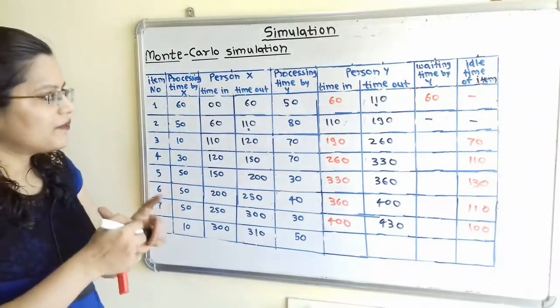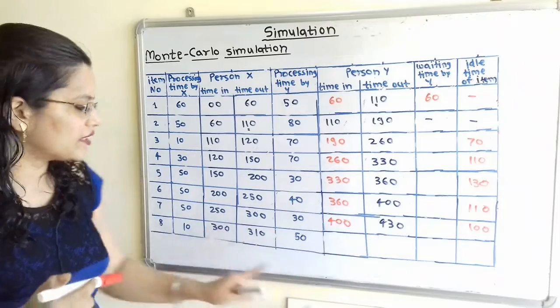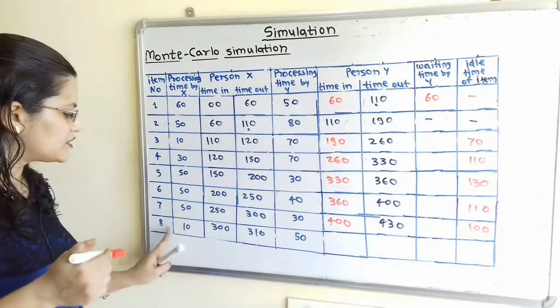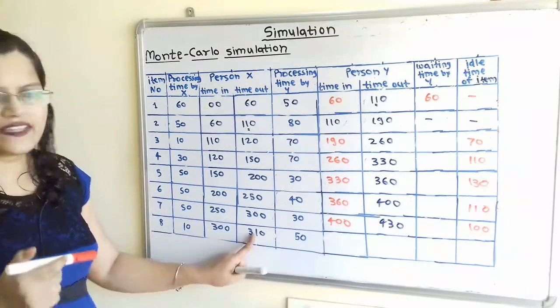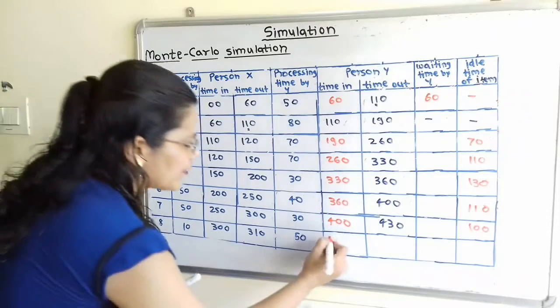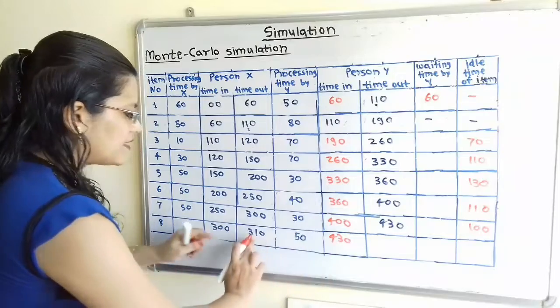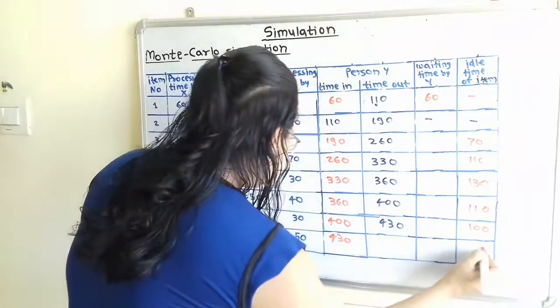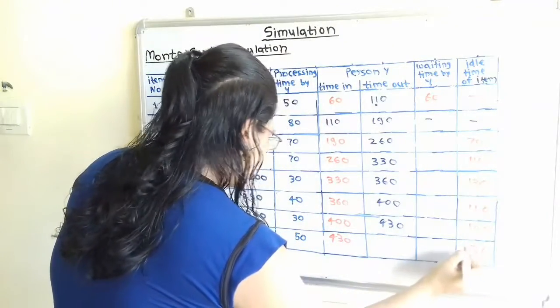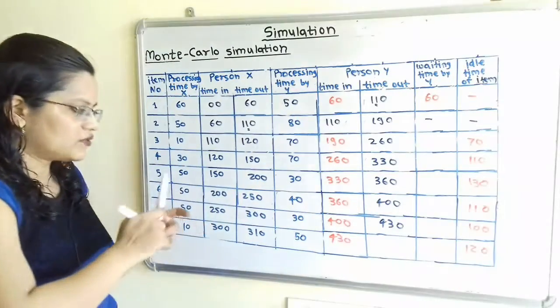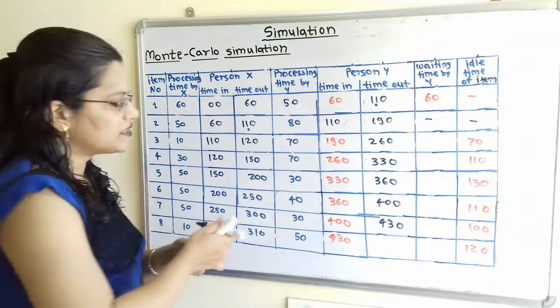Now again person Y is free at 430 seconds, but processing is finished for the eighth item at 310 seconds. So we take 430 minus 310 and write the difference, 120 seconds. So 430 plus 50, what is the time out?